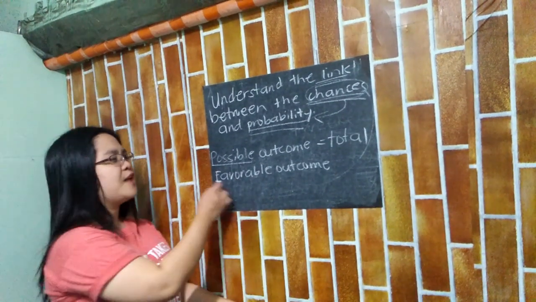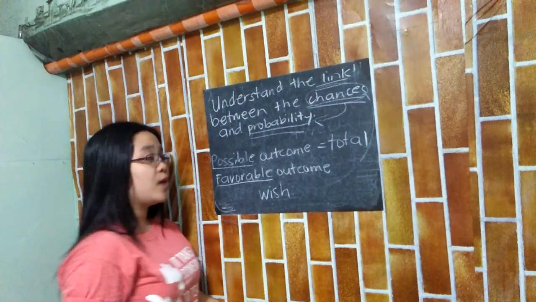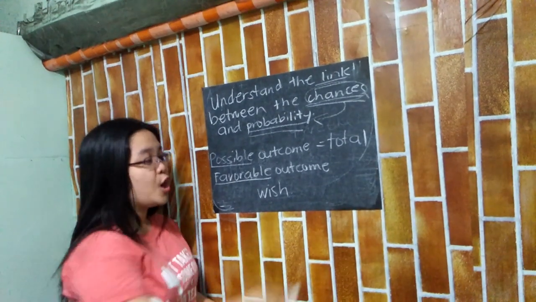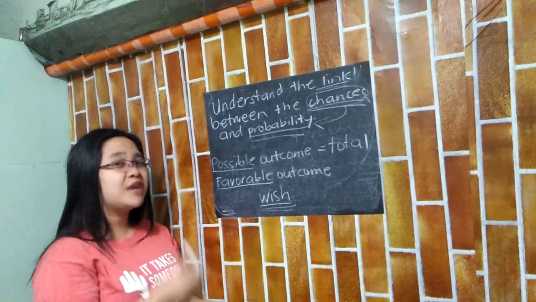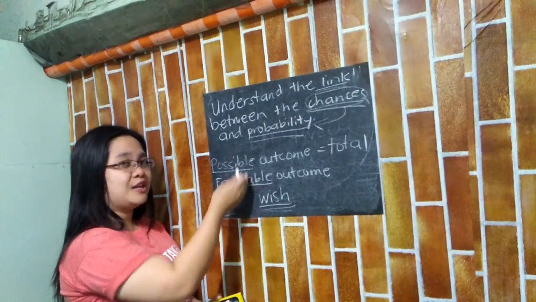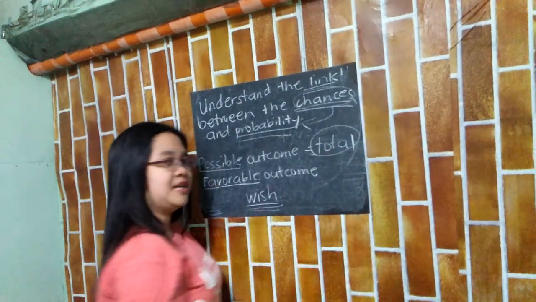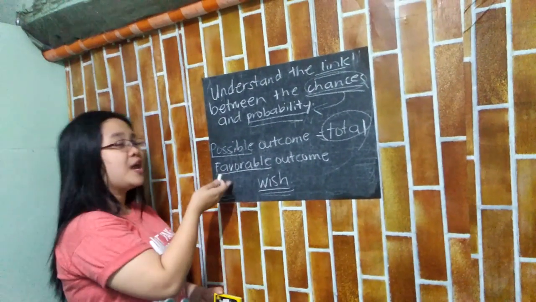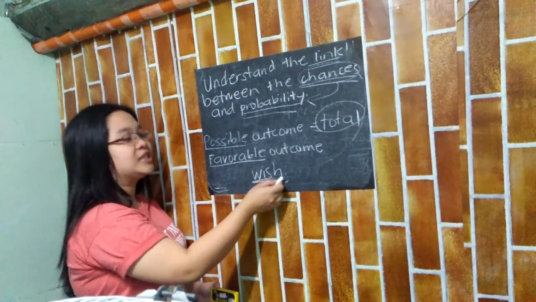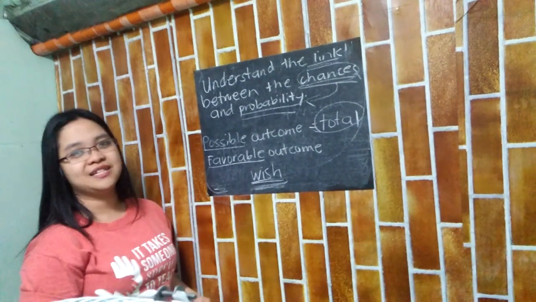When you say favorable, it means these are only the wish events that you want to happen. Your wishes only, or the events that you just wanted to happen. So can you see the difference between the two? When you say possible, these are the total in general. In favorable, it means only the wish events, or the events that you simply wanted to happen.